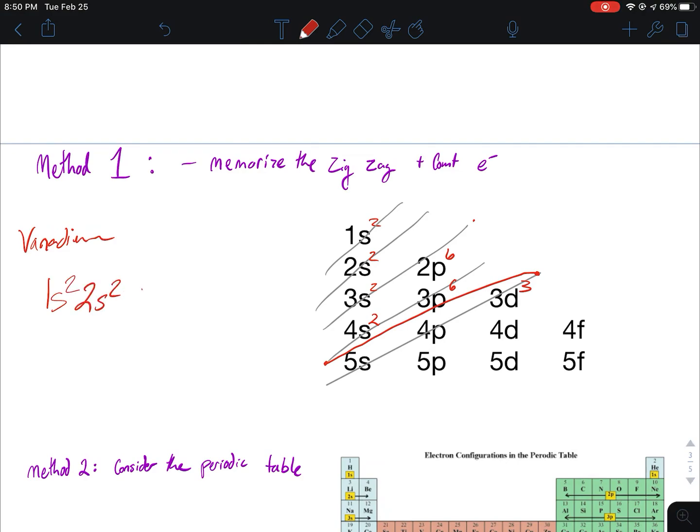1s2, 2s2, 2p6, 3s2, 3p6, and then 4s2, 3d3. Now in this example, there's something I do like about this organization.